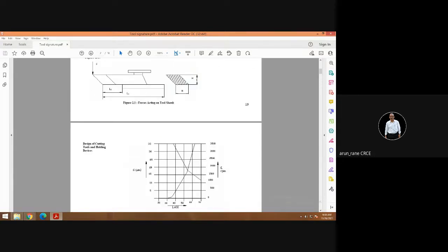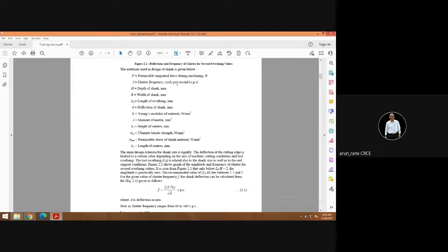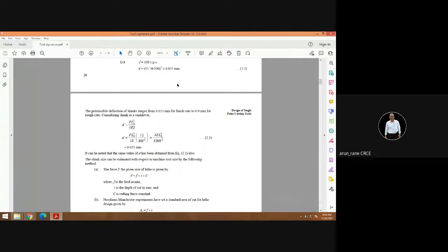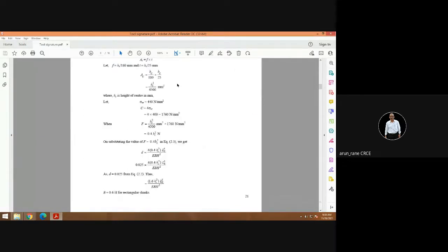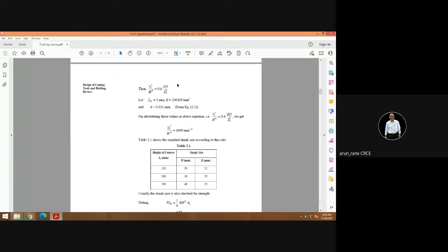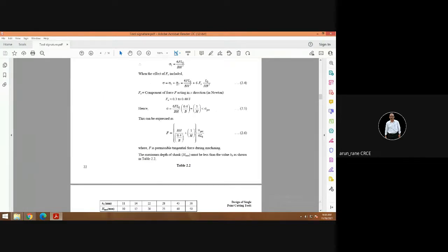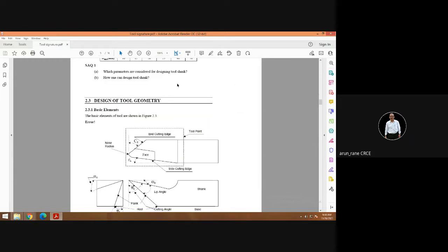The forces acting on the tool shank, all this will be in MST, that is machining science and technology. That is how to calculate the forces, and then how to calculate the shank height and the tool width, that is the cross-section area, so that it will withstand those forces.